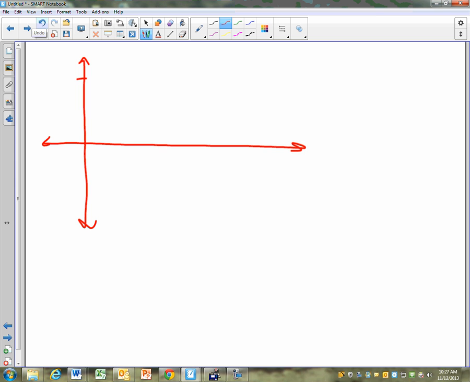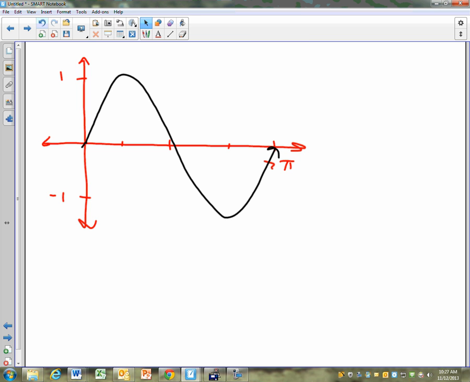Let's just think of it like this. You don't have to draw this. It will be a cool way for you to see it. The graph of sine, what does it look like? Do you know what the derivative of sine is right here?